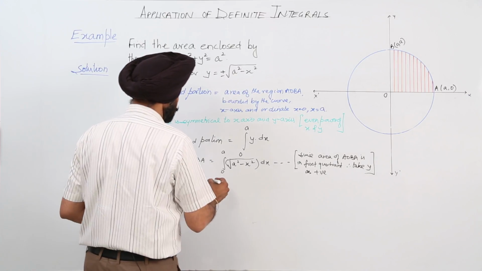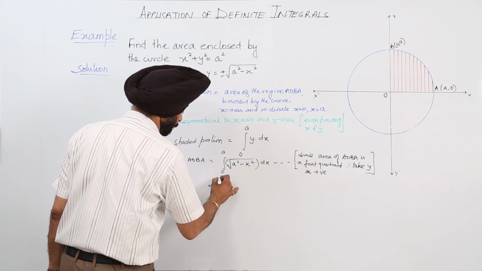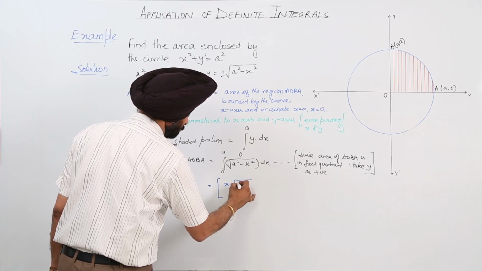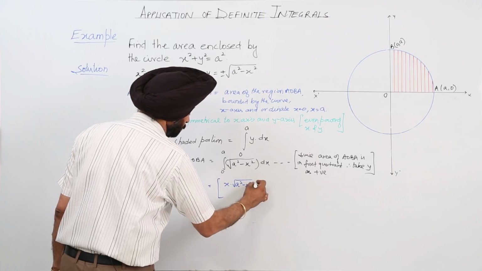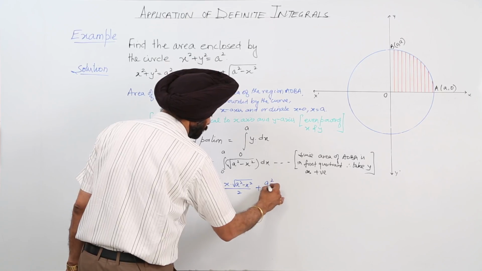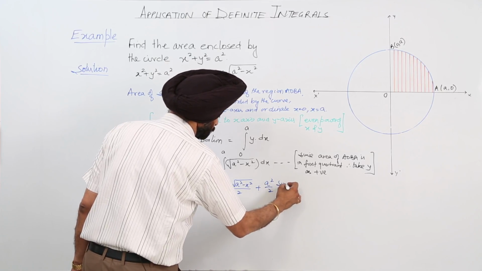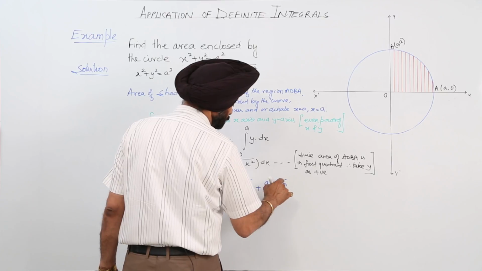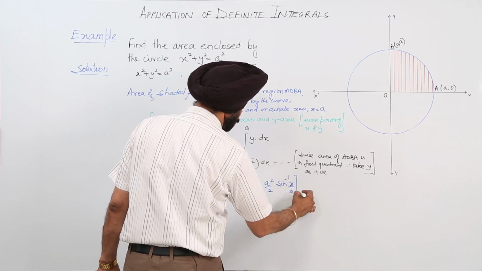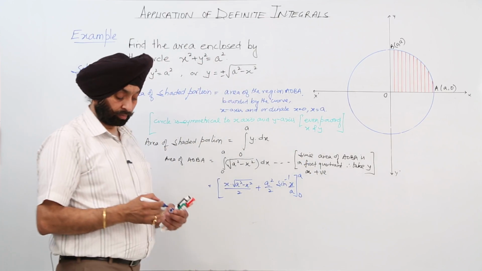Now, integrating this one, x times square root of a square minus x square upon 2 plus a square upon 2 sine inverse x upon a from 0 to a.